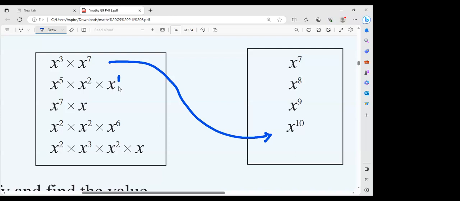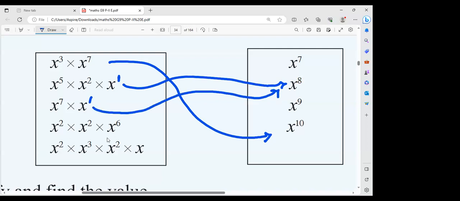Then it matches x to the power of 8. Then x to the power of 7 times x to the power of 1 matches x to the power of 8.